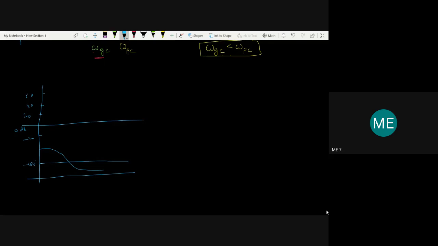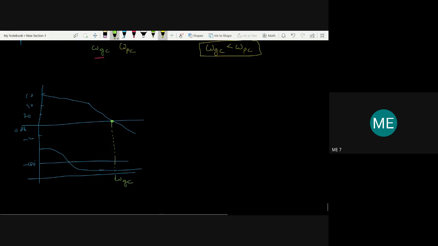Now, the point of intersection at 0 dB is the gain crossover frequency, omega GC.